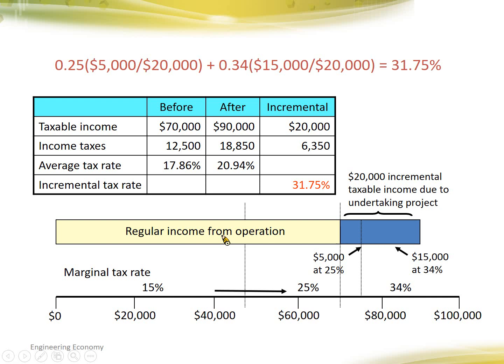Okay, again, when companies compute income tax, we don't look at an individual project to find its tax rate. We need to add them together. So this is a new project.